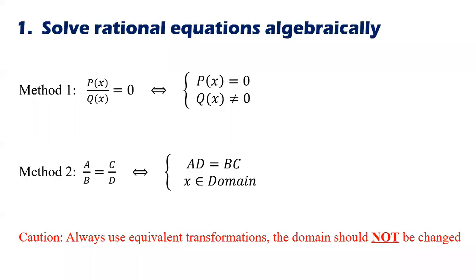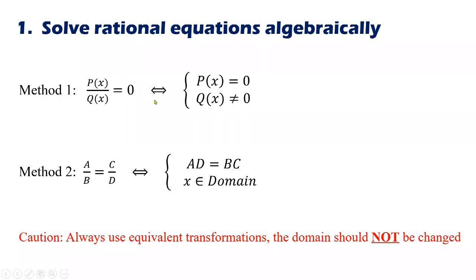So first, let's have a look at how we solve rational equations algebraically. Usually there are two methods. The first method can be summarized in this way. First, we convert the equation into a form where the ratio between p(x) and q(x) is 0.